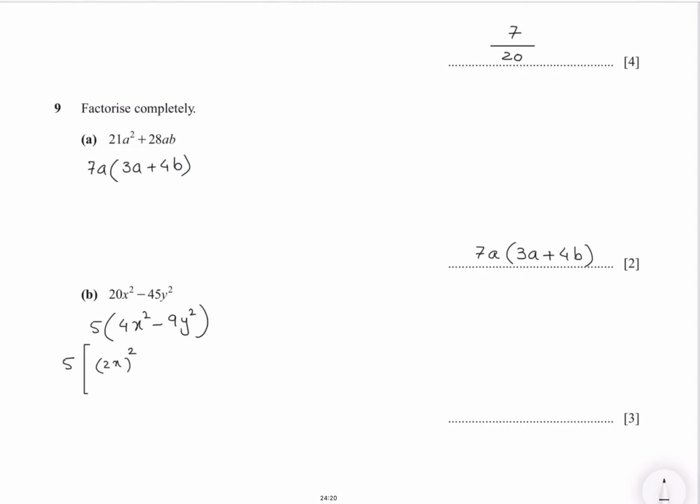So I can say 4x square is the square of 2x and 9y square is the square of 3y. So a is my 2x, b is my 3y. I can write 2x plus 3y times 2x minus 3y. So this is our answer.